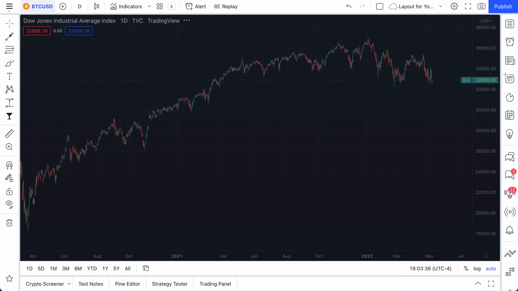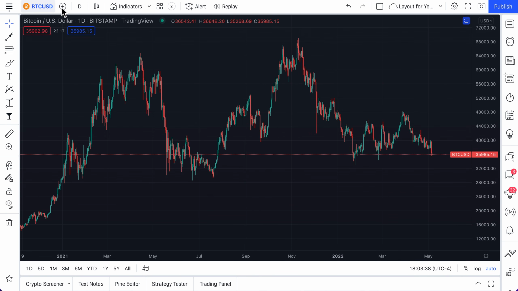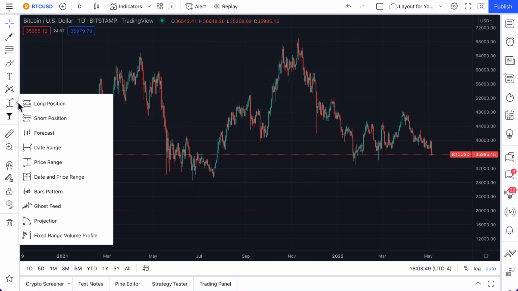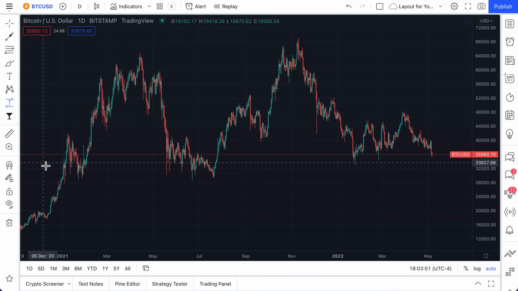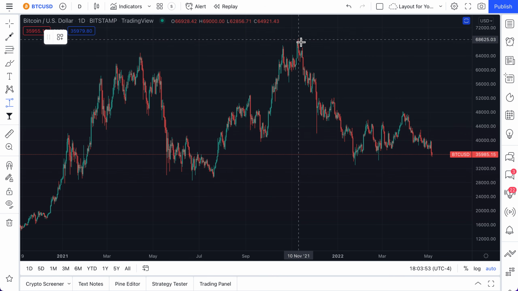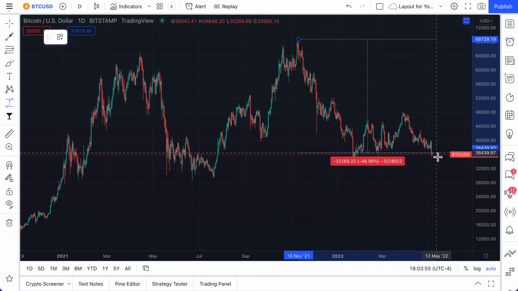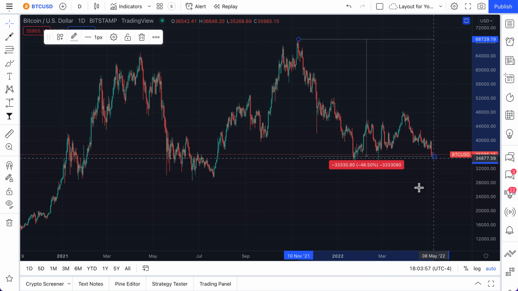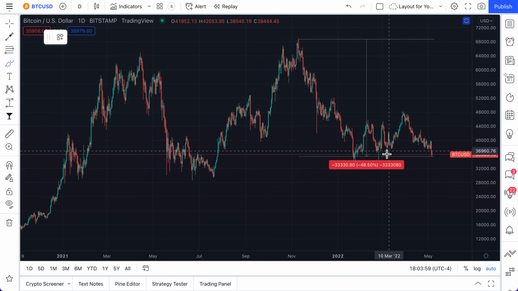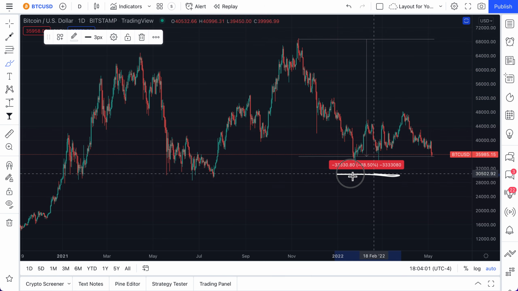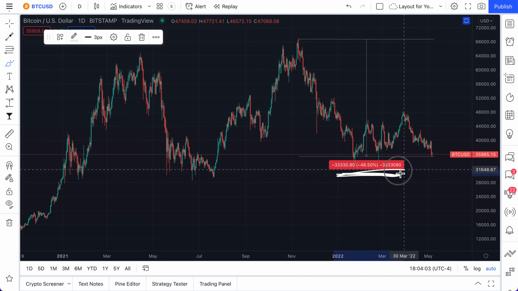Or if you're interested in crypto, you could open up a chart, so this would be Bitcoin, and do some basic measurements to get a feel for where the market is. So this is a chart of BTC USD. Let's get a feel for where the market is. We click Price Range Tool. We click the peak. We go down to the current price, and we see a 48% drop from peak to the current price. That is pretty substantial.